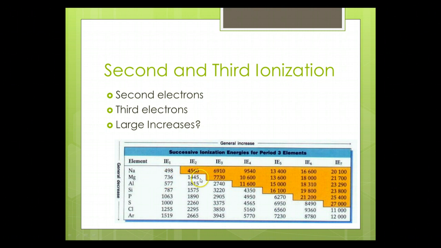And that's also true for magnesium. So when we see these large increases, we know we've gone from a valence electron to a core electron in each and every case. So, large increases, you're now removing core electrons.